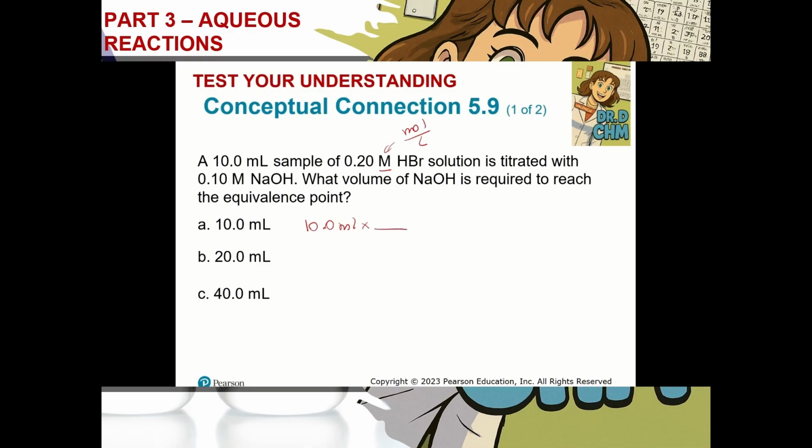I know that 1 liter is 1000 milliliters. So I can cancel over here and produce liters. And then I will multiply by the concentration, because this is 0.20 moles per liter. Then I'm going to cancel and I'm going to have moles.